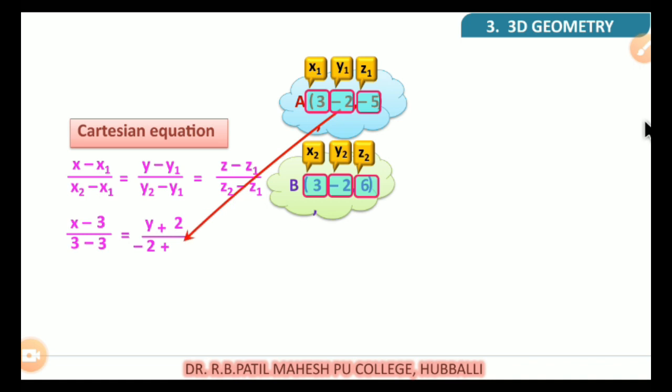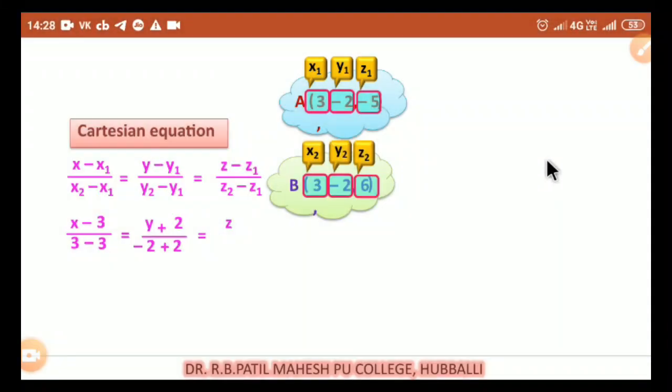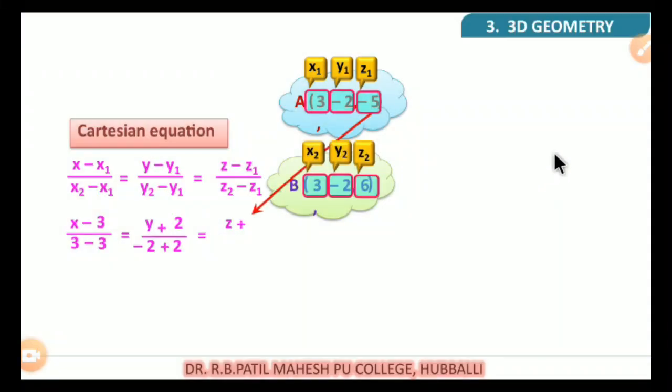This is also equal to z minus z1, that is z minus of minus 5, which is z plus 5, divided by z2 which is 6, so 6 minus of minus 5, that is 6 plus 5.